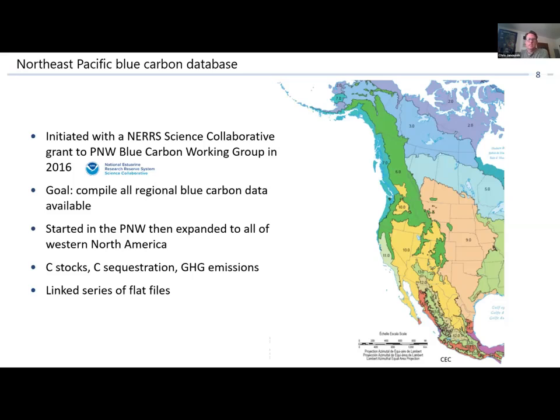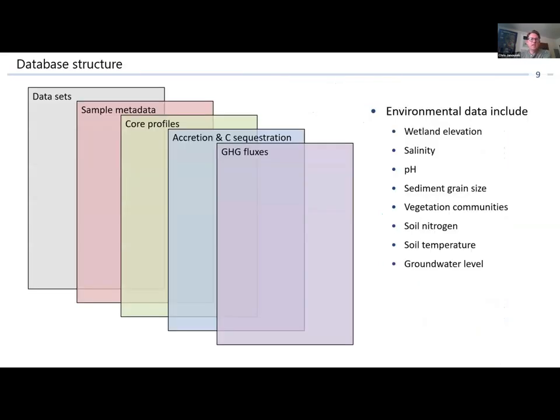It exists as a series of linked flat files. This is my very basic schematic of what that looks like. We have flat files developed for different hierarchies of the database, starting with the different data sets. And then we move on to the sample metadata. A sample would be a core or a point measurement of greenhouse gas emissions, for example.